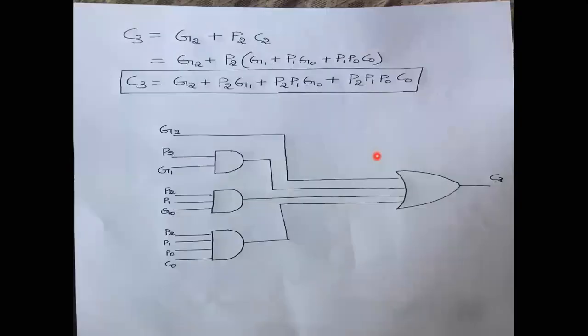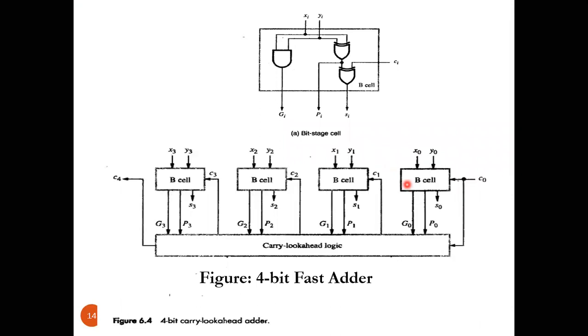Now, if you observe in the circuit, G0, P0, G1, P1, G2, P2, G3, P3 will be available after one gate delay. Inside this box, there are circuits which are used to produce carries, which require 2 gate delays. So 2 plus 1, 3.